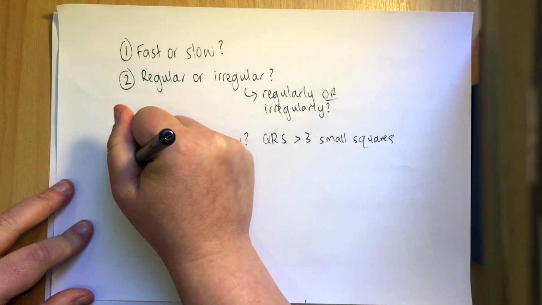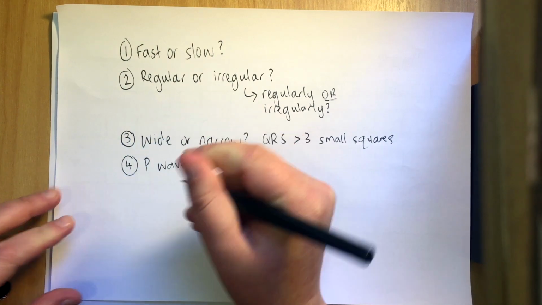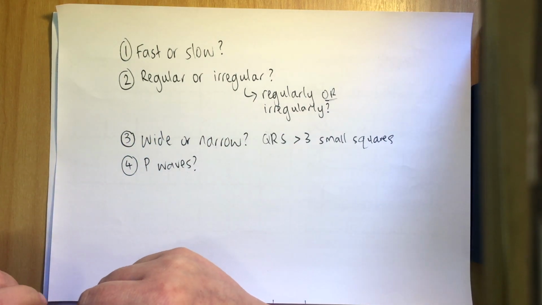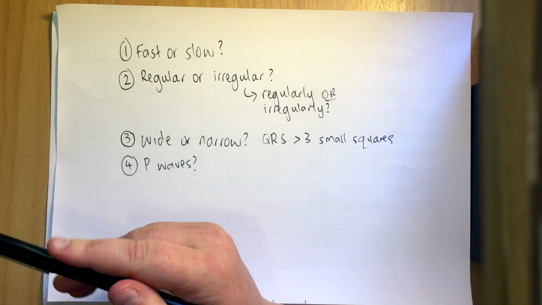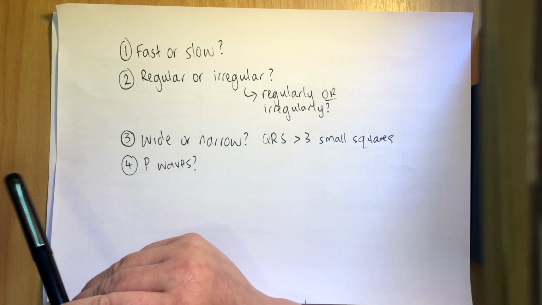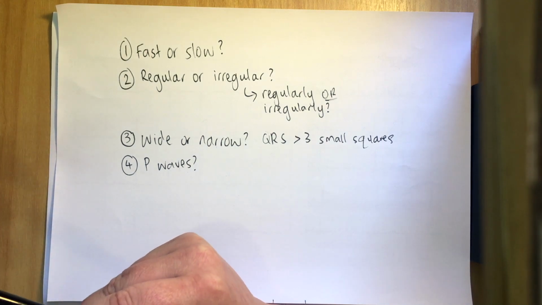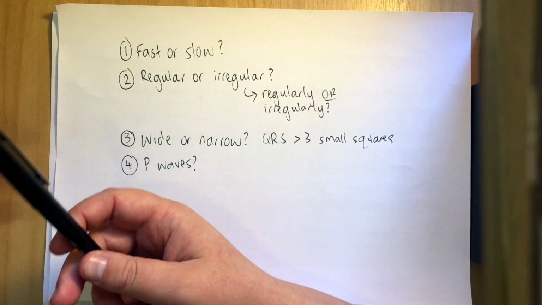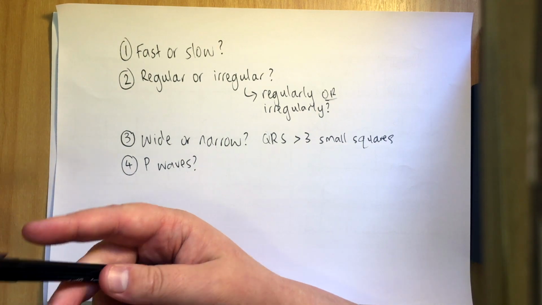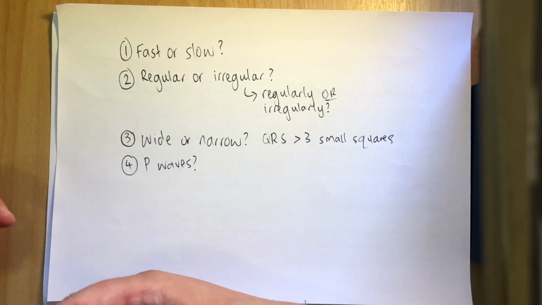All right, so the next thing, are there P waves? So we know that P waves are our ECG representation of the atria depolarizing. And so if the SA node is discharging its electrical signals and thus spreading through the atria and causing them to depolarize and contract, we get P waves. If the SA node's not doing that, you don't get P waves.